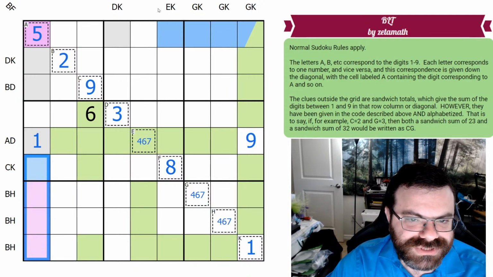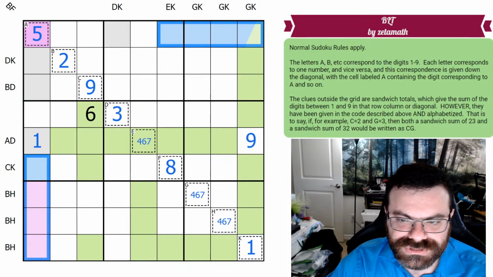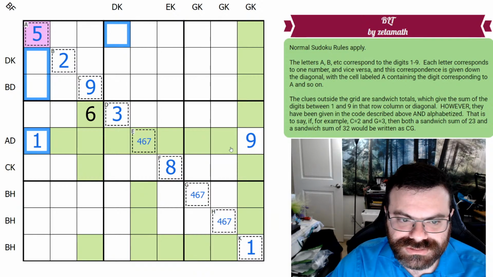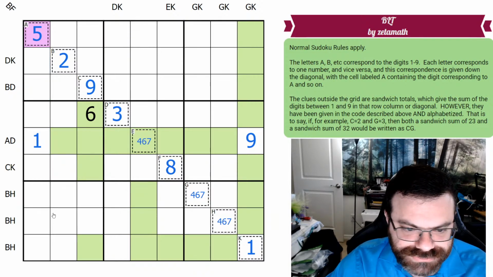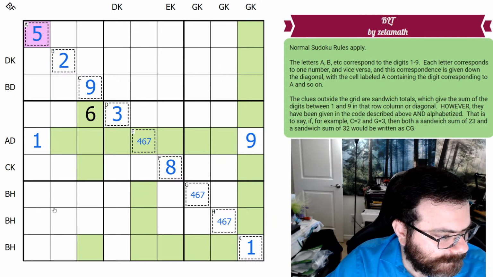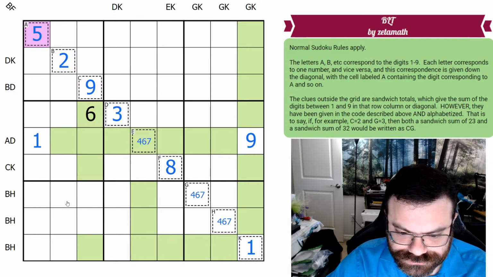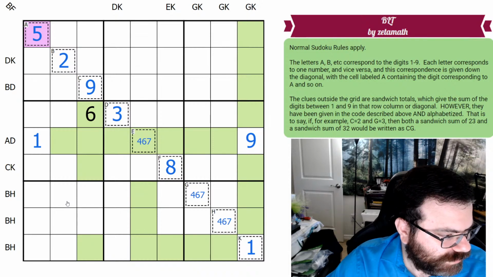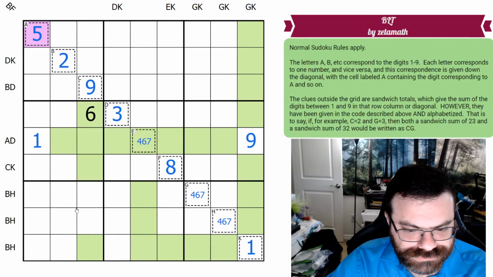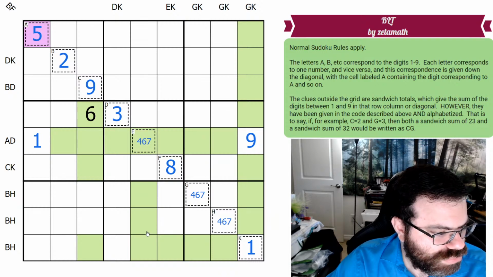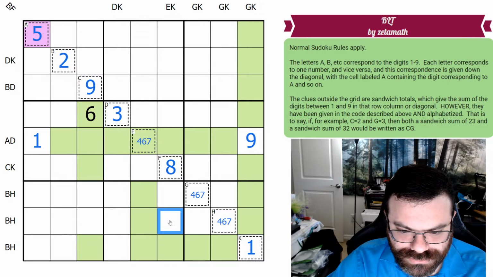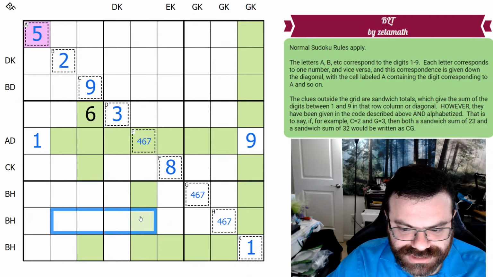I don't think these colors have been super helpful, so I'm just gonna get rid of them, because I think we kind of figured out how that works. Can the sandwich sum not be 6, 7, 8, 9?